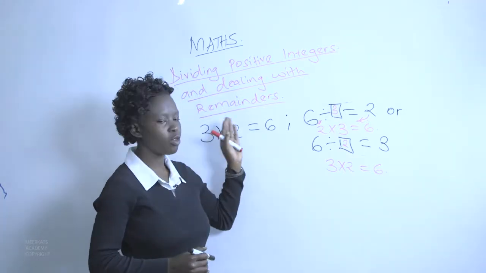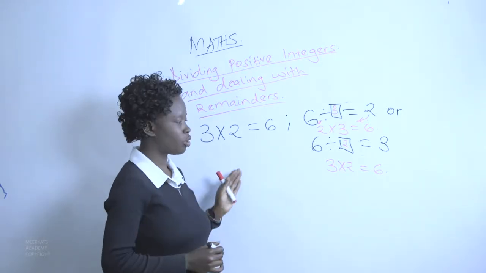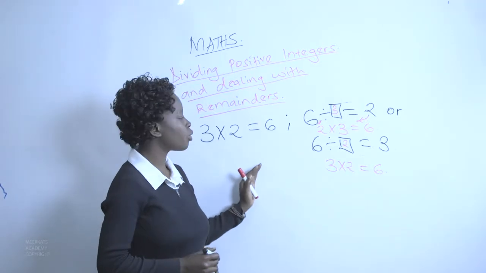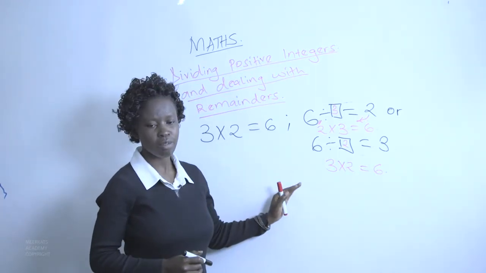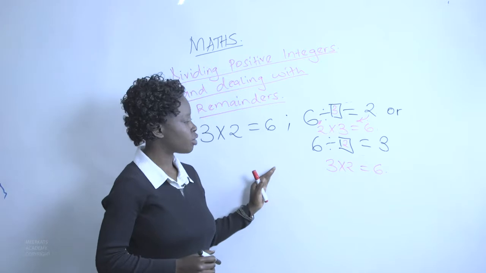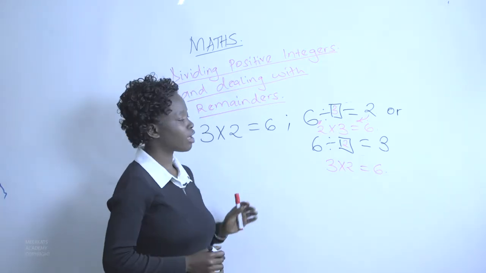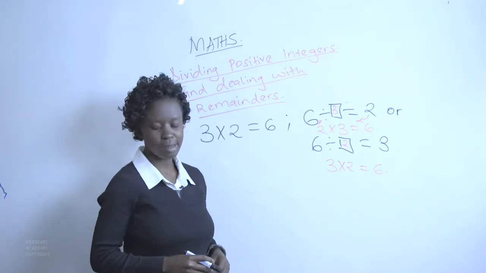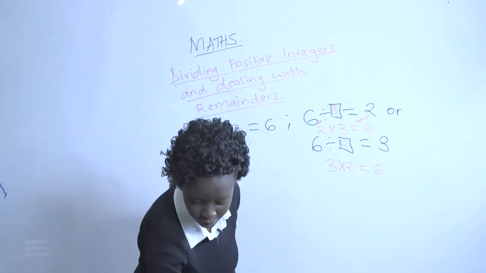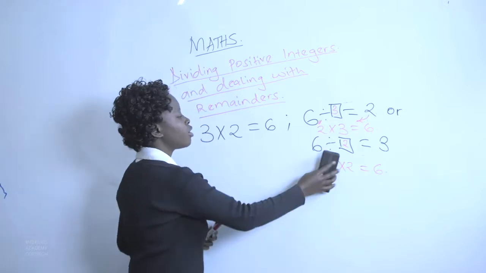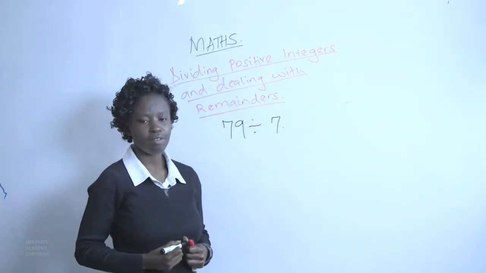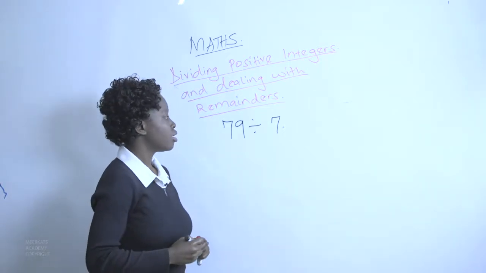So whatever we've been doing for multiplication, we are simply going to reverse when it comes to the division process. So we look at a case that has a remainder when we are dividing. A very good example is 79 divided by 7.